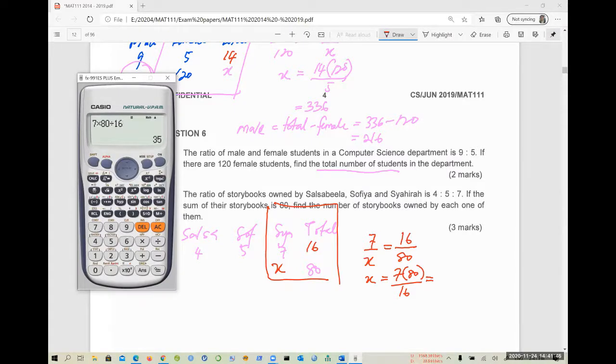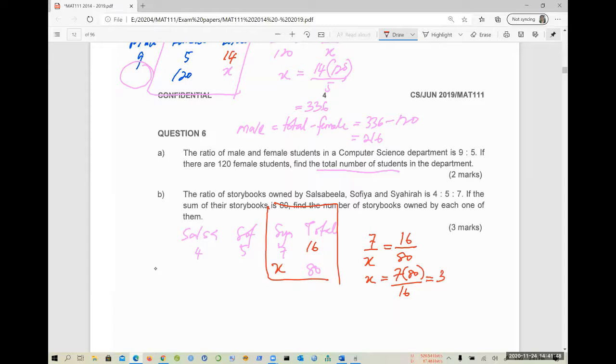So this gives you 35. So that means X is equal to 35. You have to find the other two first, because you cannot just simply find the other value here. If you are using two quantities, you can just find the other one by taking the difference. But right now you cannot do that because you have two unknowns over here.